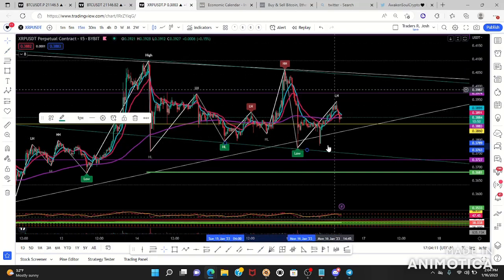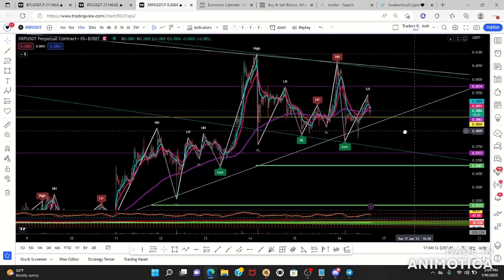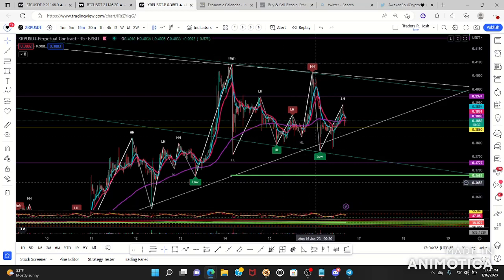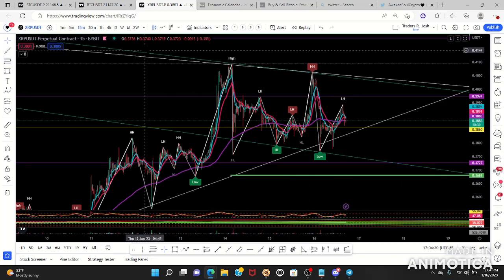So this flag is coming down actually. Is this a bull flag? Let me see. I think this could be a bull flag now that I'm looking at it.